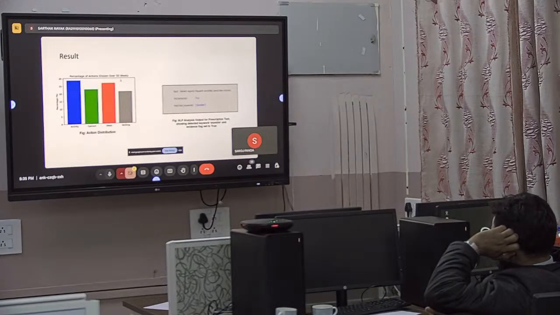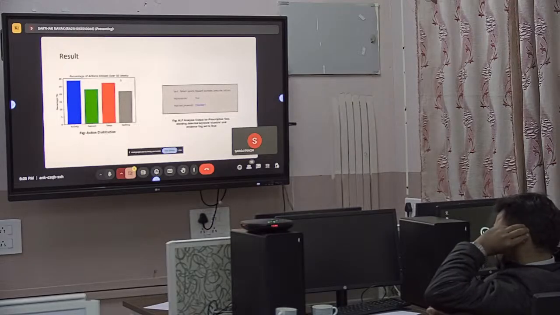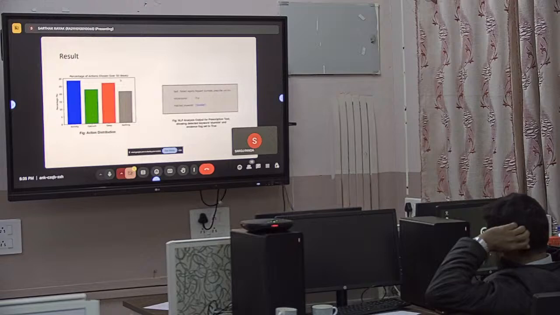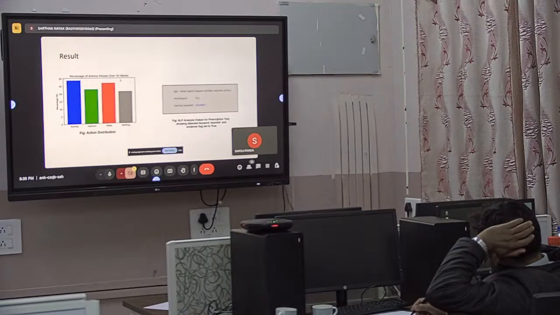This is the action distribution that I mentioned earlier, and the figure on the right is future work that we included just for insight: using NLP analysis, we can detect if the patient is suffering from any stumbles.